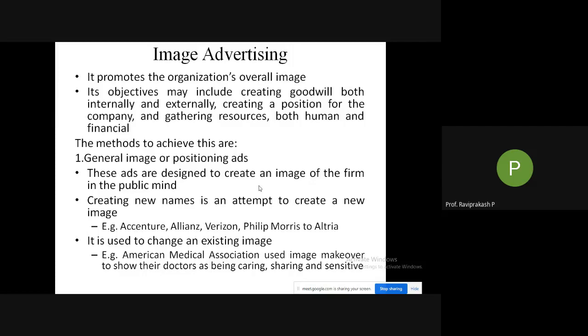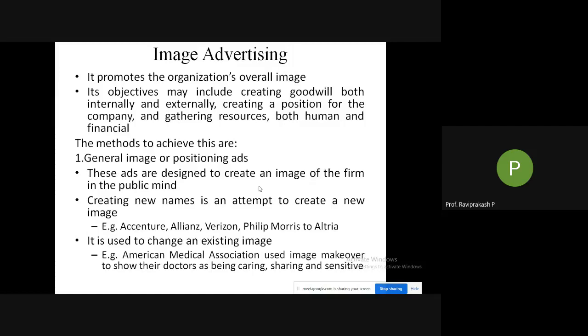Then the methods of achieving this are: first one, general image or positioning ads. These ads are designed to create an image of the firm in the public mind. All the things as I told you, we are doing something related to the image, what the people think. Here we are designing something where we try to create a particular image of the firm in the mind of the public.